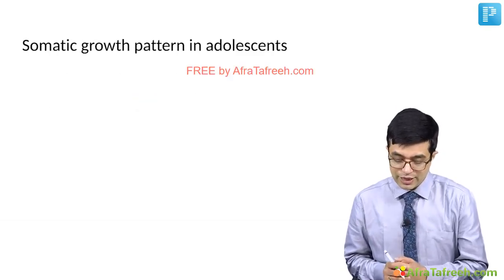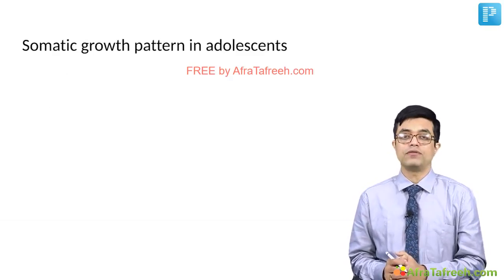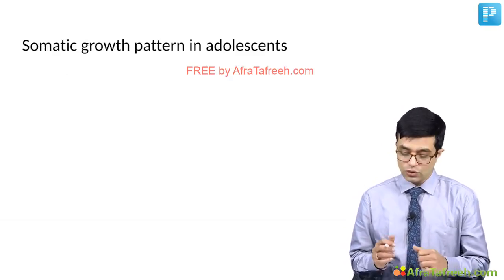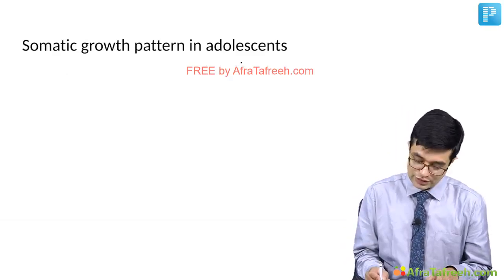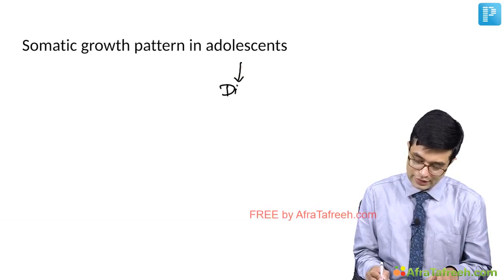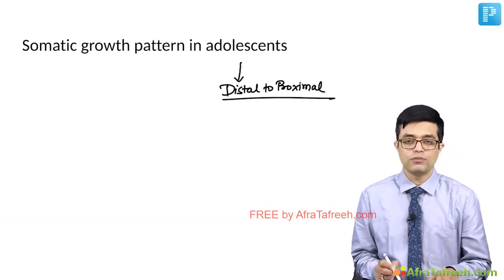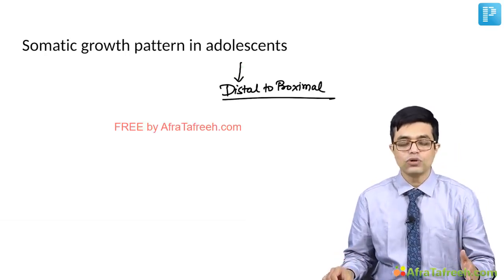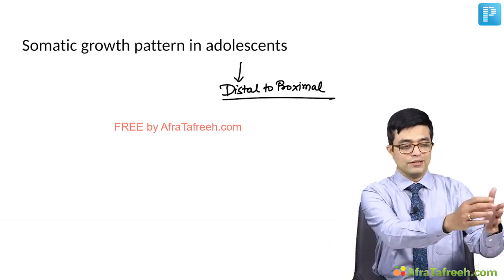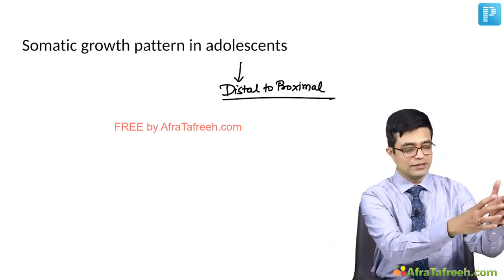Now, what is the somatic growth pattern in case of adolescents? The somatic growth pattern in adolescents shows a pattern which is called distal to proximal. What is distal to proximal? Once the somatic growth begins, the fingers will enlarge first, then the palm.